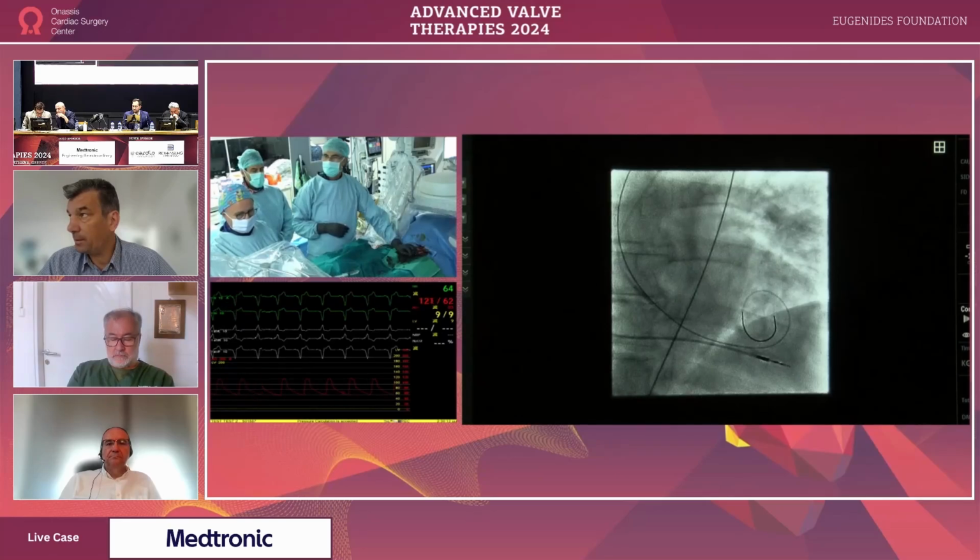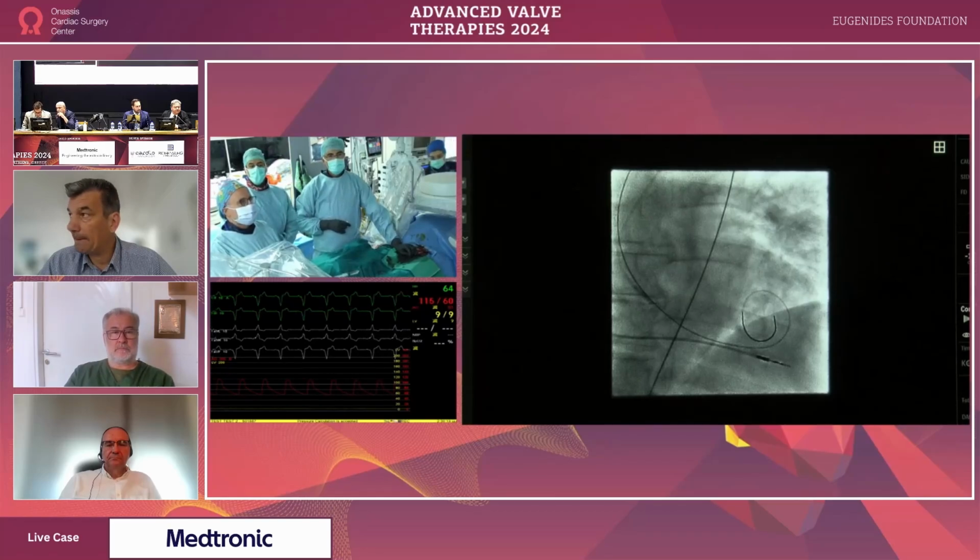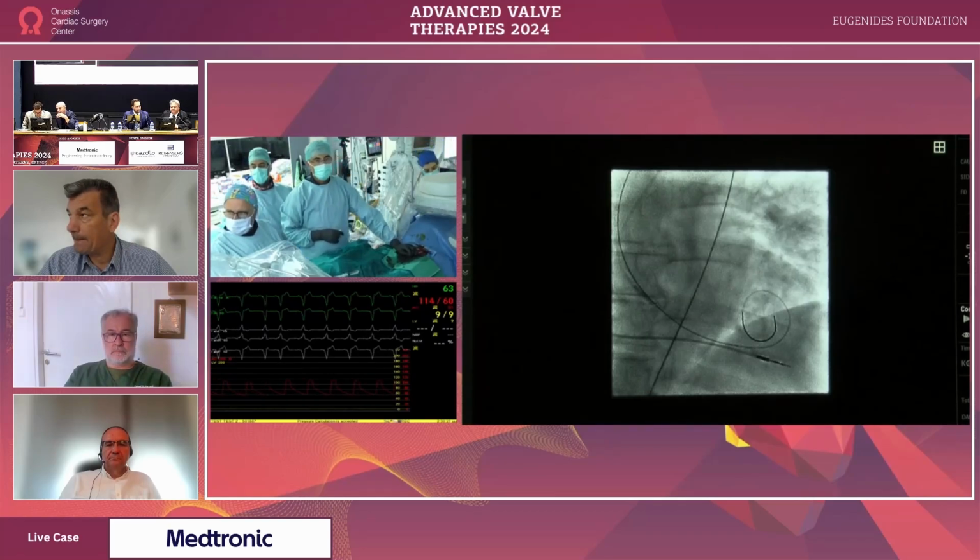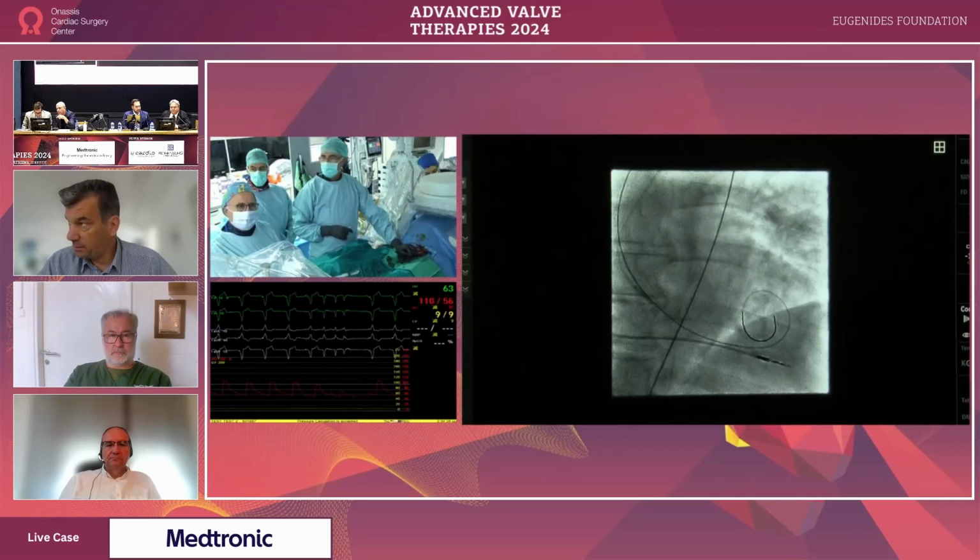But in your decision-making, if this is a patient in which you want very much to do a very high implantation, you don't want to need a post-dilatation because it's going to be much more dangerous.